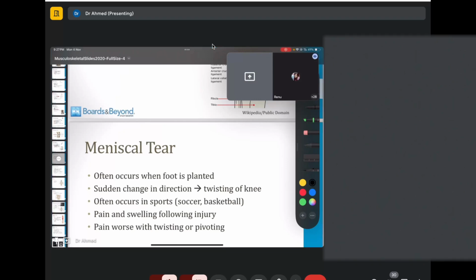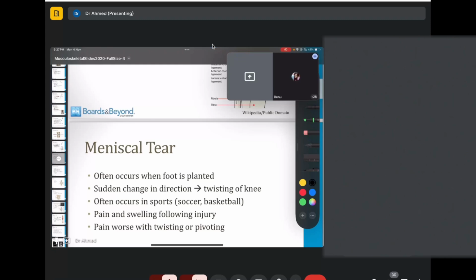Okay, so we have the anterior cruciate ligament and the posterior cruciate ligament because they are cross shaped, so the name cruciate. The ACL attaches to the anterior tibia, and for diagnosis we do the anterior drawer test, and we place the knee at a 90 degree angle, and we pull it upwards, and if it is stretching beyond normal, then that's positive.